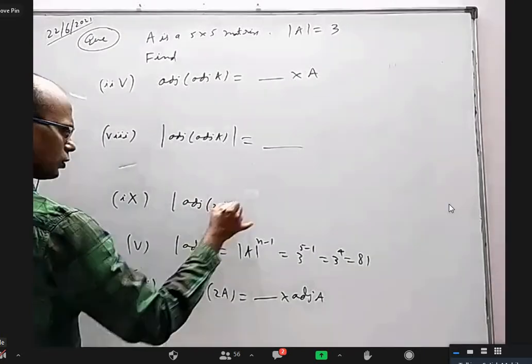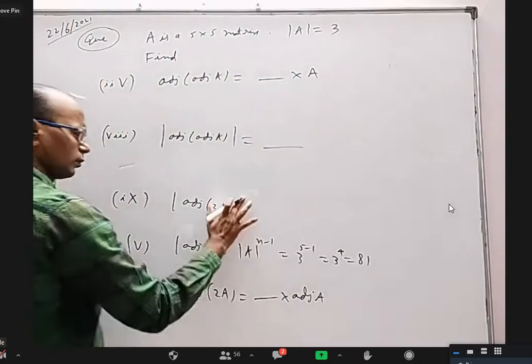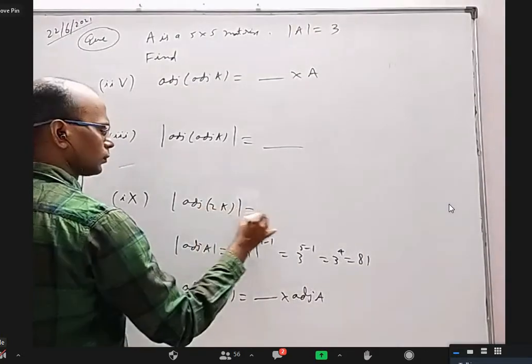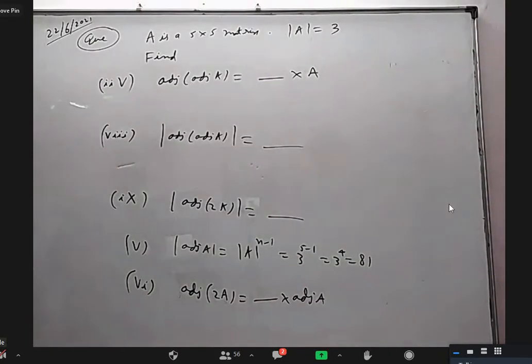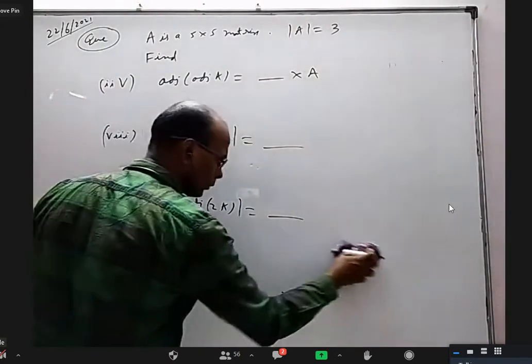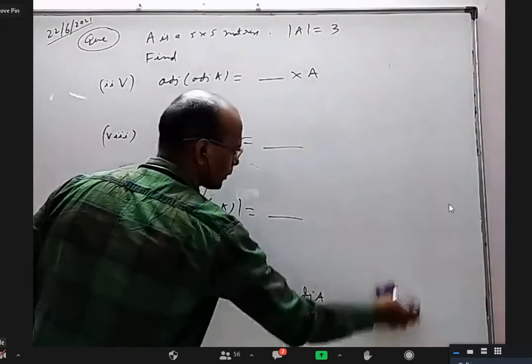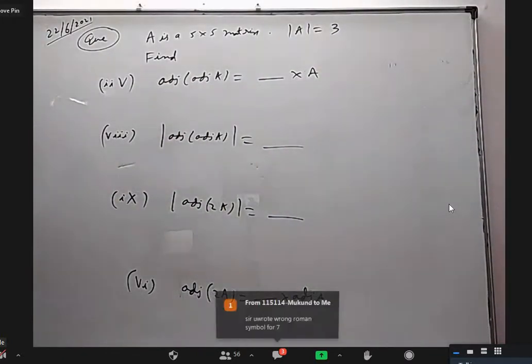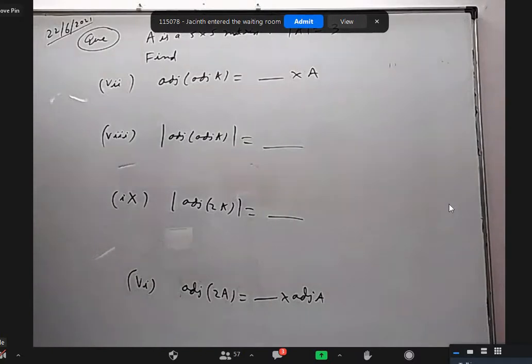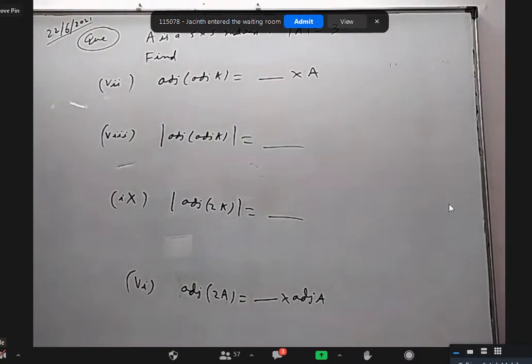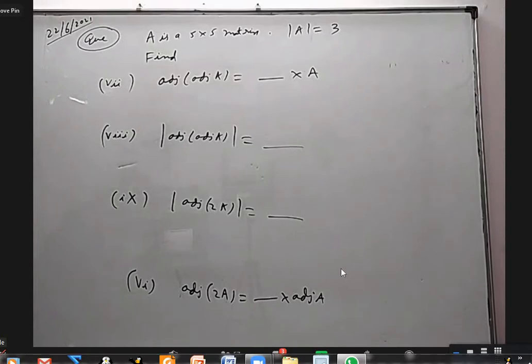Det of adjoint 2A, dash. Sir, 7th one, 27, sir. Oh, sorry, I wrote 7. Okay. 7th one, 27 only, sir. 7th one, 27. Yes, correct.